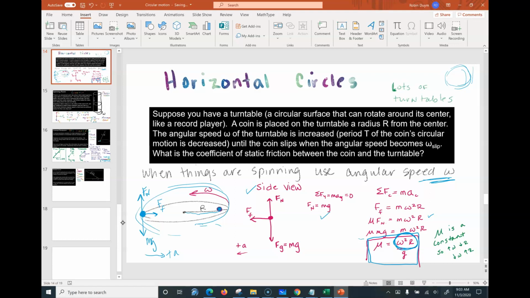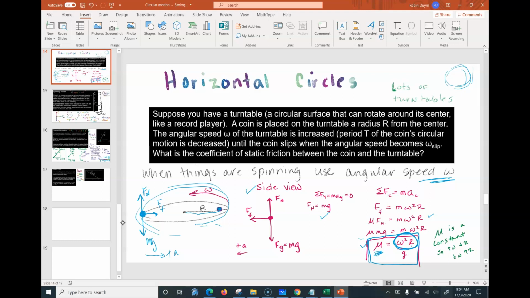You better move that coin in closer, or else you're going to fly off, because this number is not going to change between the two surfaces. So if you speed it up, you better get that radius smaller so that it doesn't exceed that number, and vice versa. You can slow it down and move out to the edge and it still won't slip. But it has nothing to do with the mass.